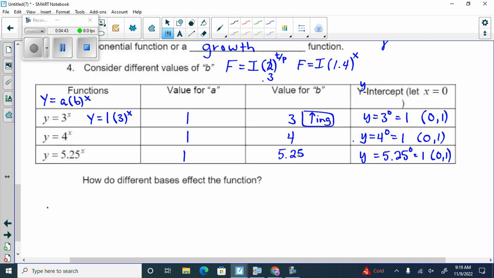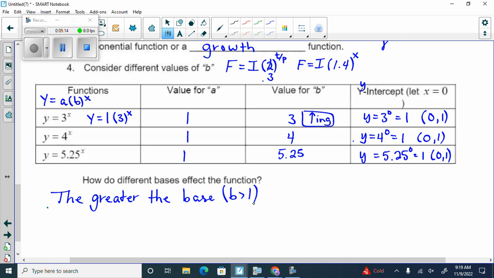So how do the different bases affect the function? Yeah, so the greater the base, the base being b is greater than 1. It has to be greater than 1, because if it's not greater than 1, it's decreasing, right? And you can't say that, I guess. You have to say between 0 and 1, it's decreasing.